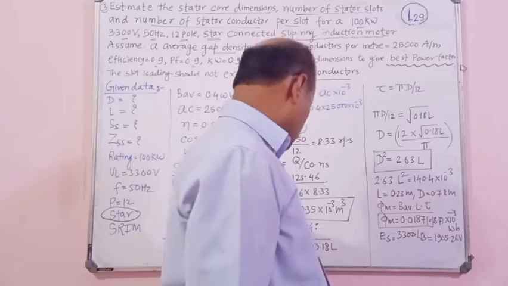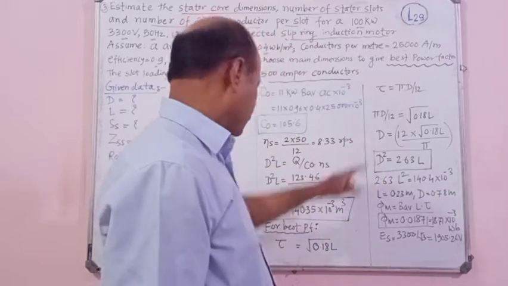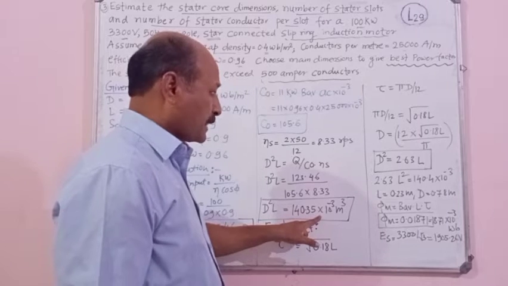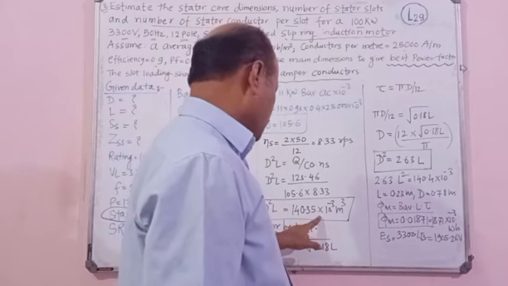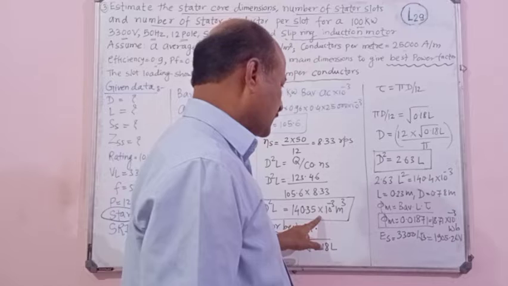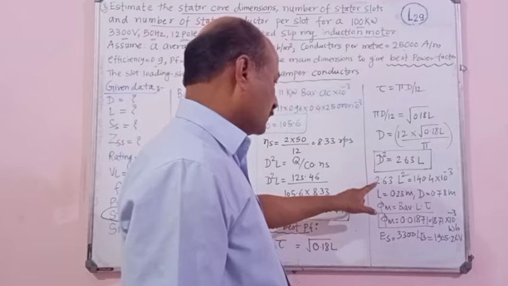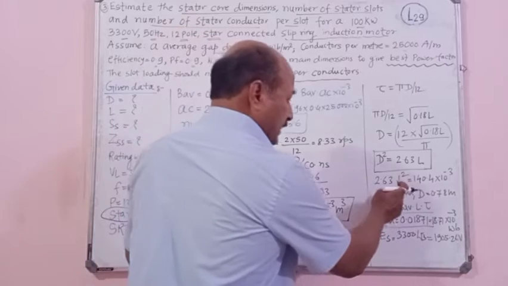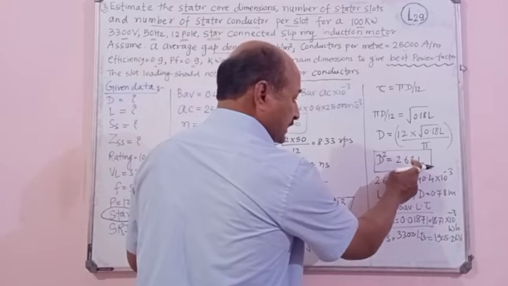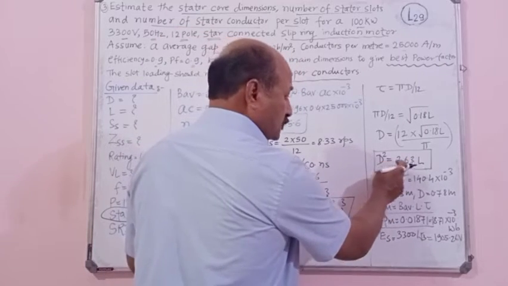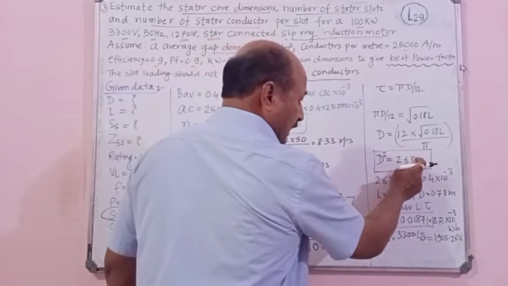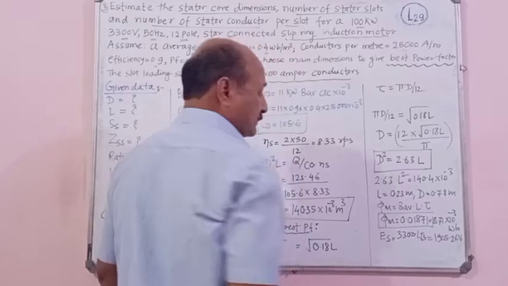So put the value of D in this equation. D square L equals this much. If you put the value of D, then D square equals 2.63 L, and multiplied by L it becomes L square.